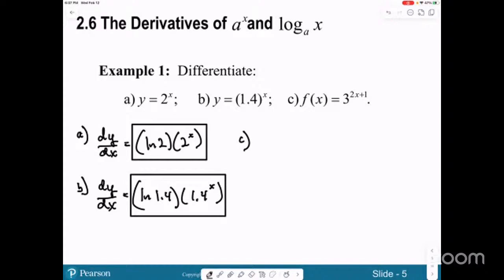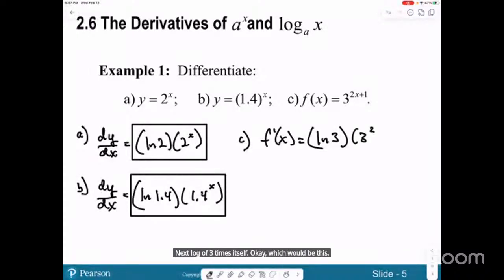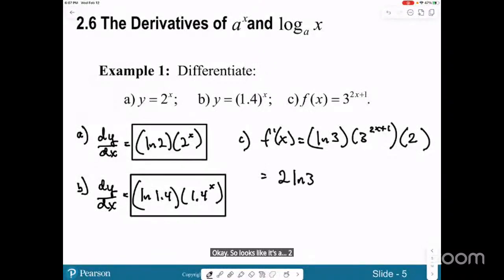Okay. So then f prime here, it should be what? Natural log of 3 times itself, which would be this, times the derivative of the power, which is 2. So it looks like it's 2 natural log of 3 times 3 to the power of 2x plus 1, right?